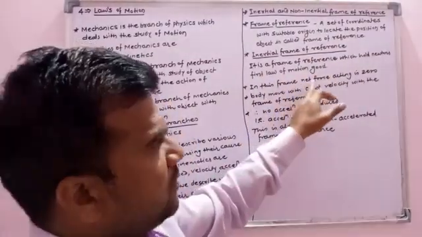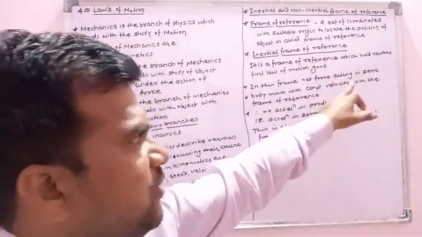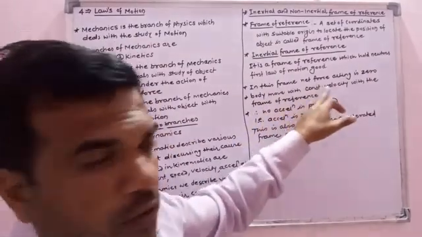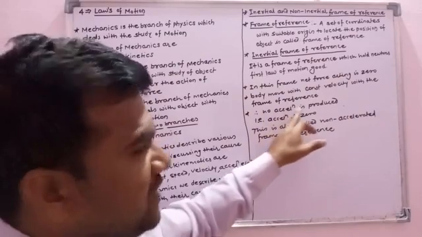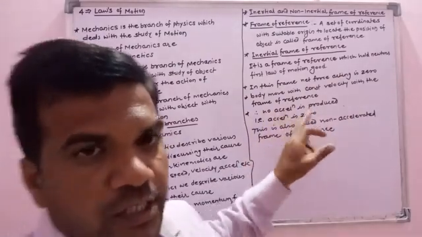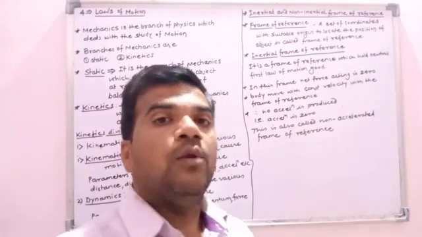In this frame of reference, no net force acts on the body, meaning net force is zero. The body moves with constant velocity with the frame of reference. No acceleration is produced, meaning acceleration is zero, and therefore the inertial frame of reference is also called a non-accelerated frame of reference.